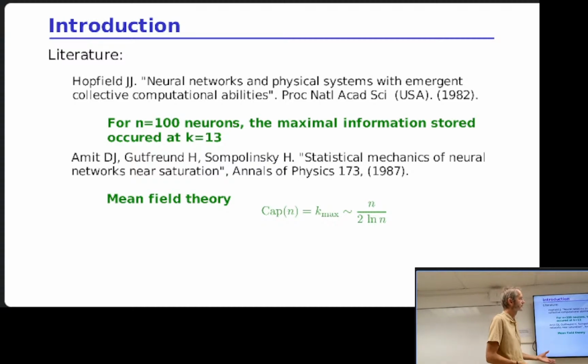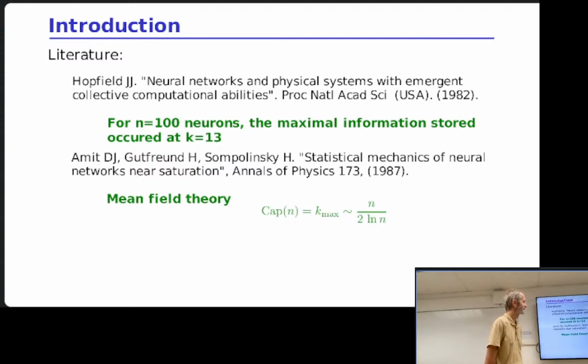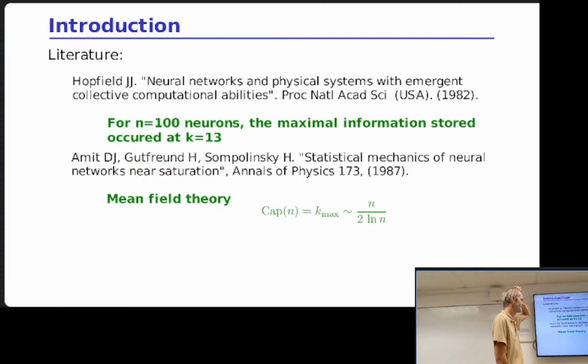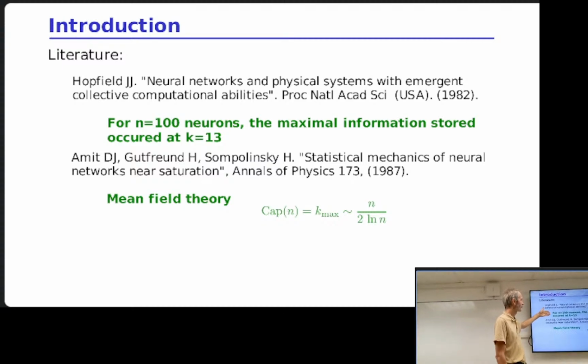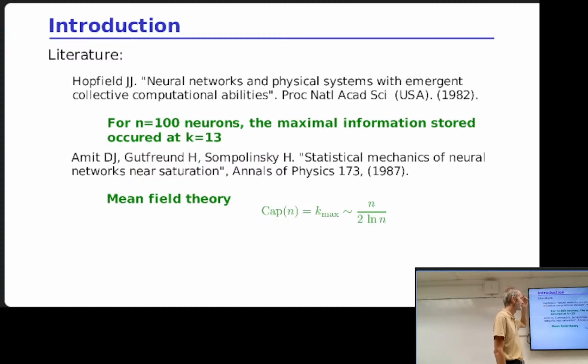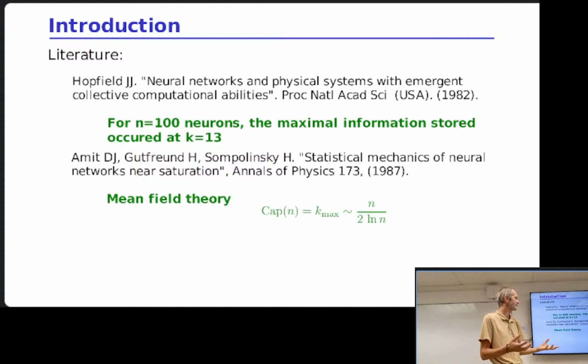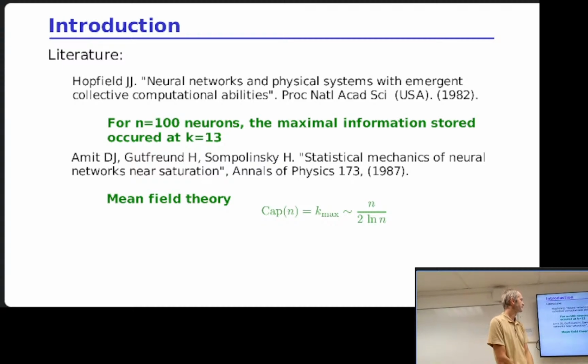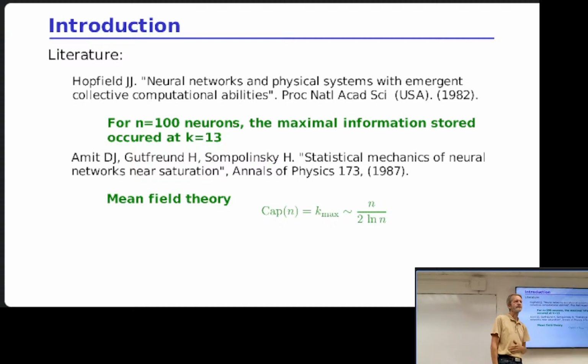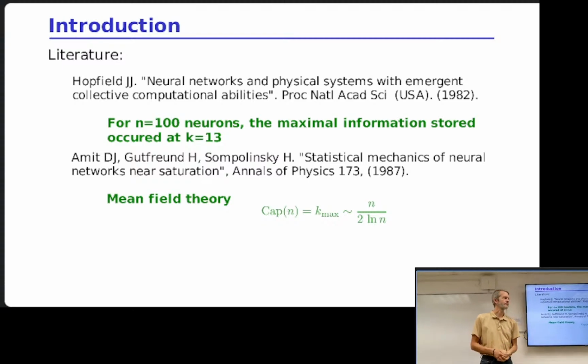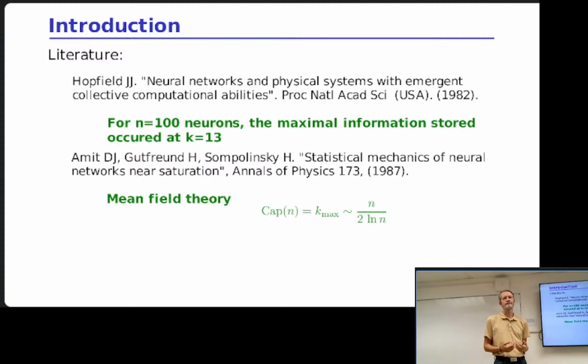One important result we will mention several times was already found by Hopfield: if you have a network of 100 neurons, 100 nodes, then you can store about 13 patterns in this network and retrieve them.